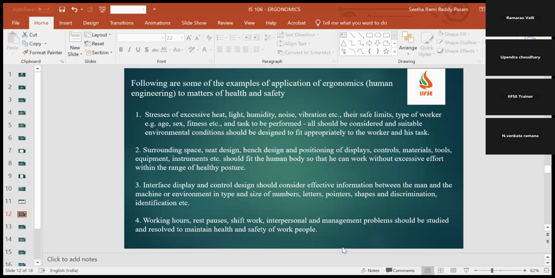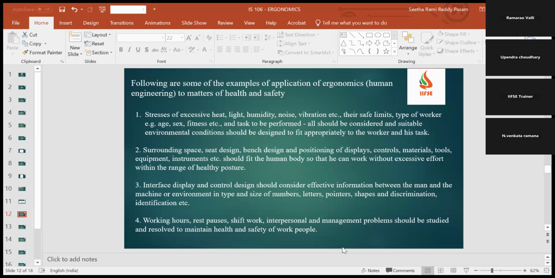easily available. Then seat design, in such a way that you have a better backrest. Then bench designs, if they are using any benches, or positioning of displays. Our TVs also get a setup to have a certain angle; you can take it forward and move it to certain angles, left and right.